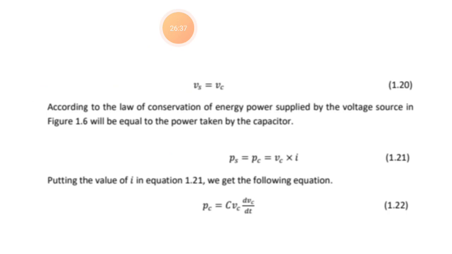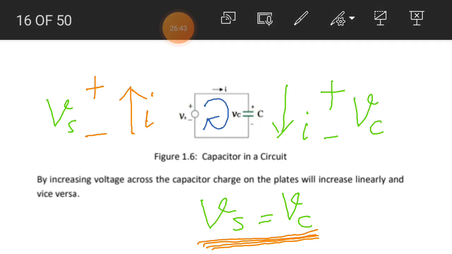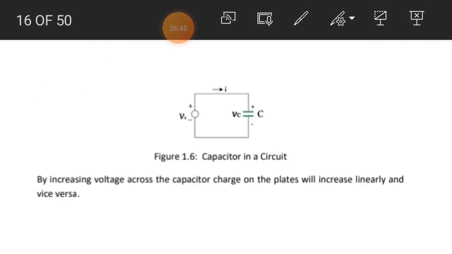Now, let us go back to the circuit. We go back to this particular circuit. There are two circuit elements in this particular circuit.